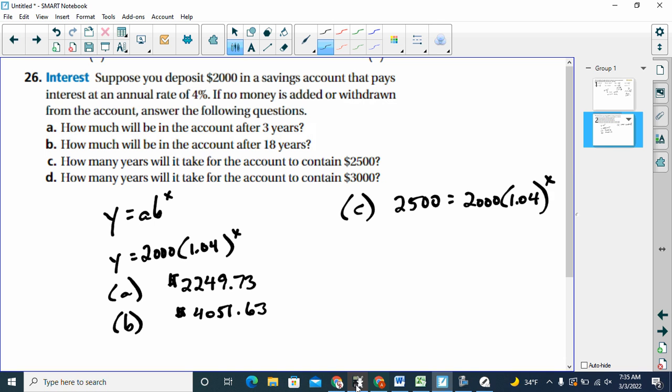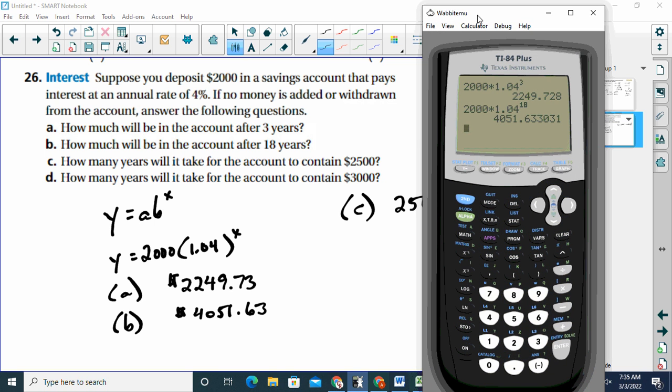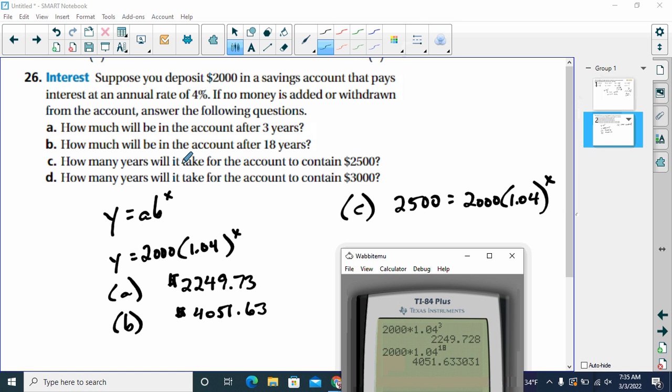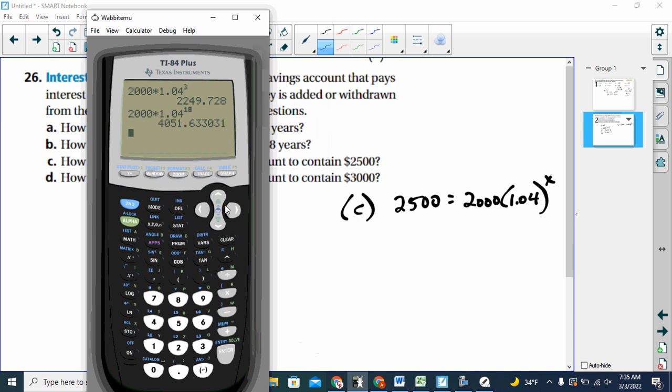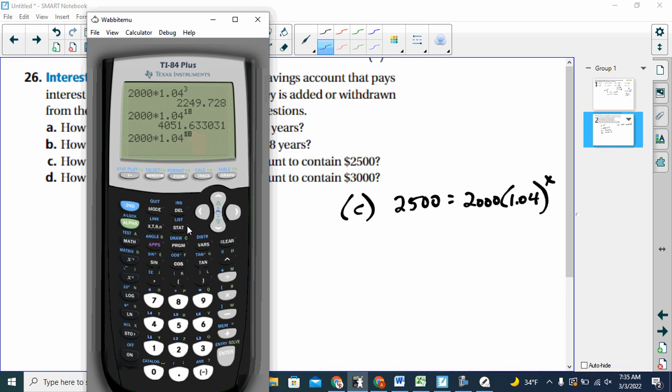The first, which we'll do here in part C, is to just guess and check. After 3 years, we had $2,200. So it's going to be a little more than 3, but not a crazy amount more than 3. Maybe try 6. So there it is. So 6 was $2,500.